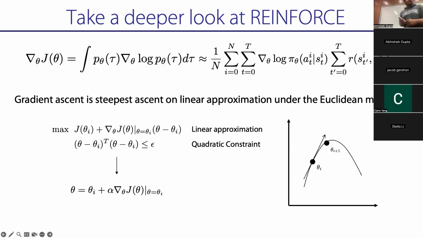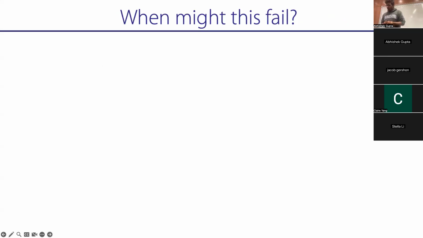Which is exactly gradient descent. Okay, but the important thing is that we're doing this like the steepest descent on a linear approximation under the Euclidean metric. So why might this fail? Like when is this potentially bad? Like doing steepest descent on a linear approximation under the Euclidean metric.